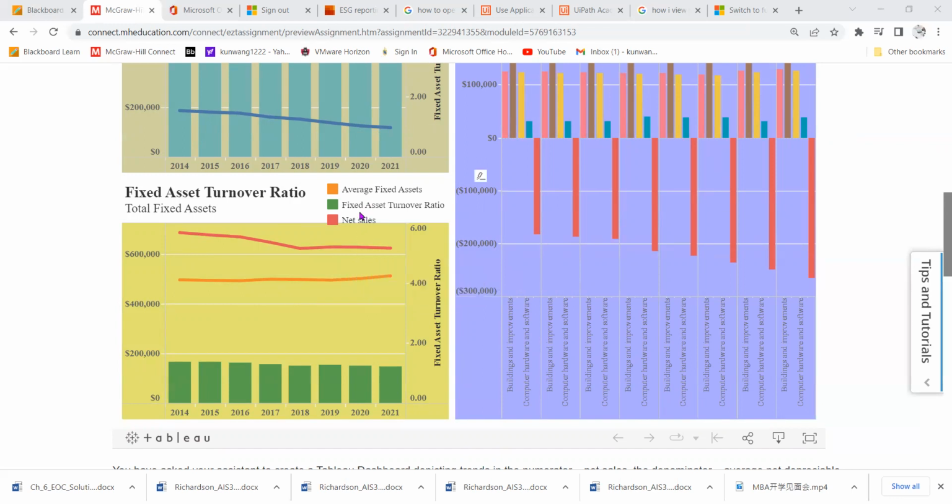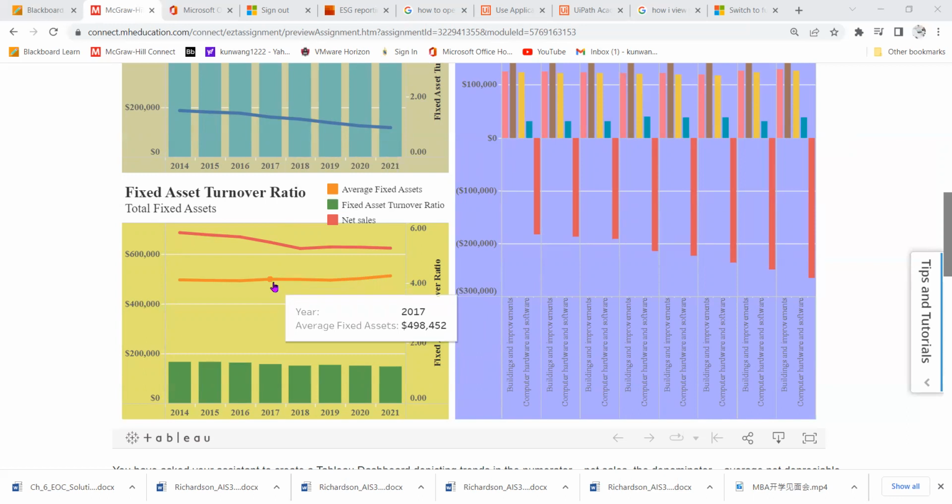So overall, you can see the turnover ratio is showing a decreasing trend because the bottom is going up, including the land. So it's a different picture or different situation as compared to the first chart. It's not in conflict because in the first chart we didn't include the land, and in the second chart we include it.